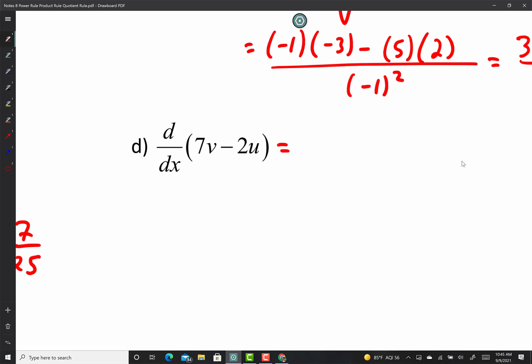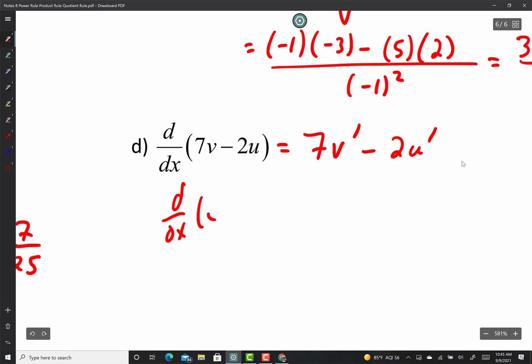If you just see a letter by itself, you just take the derivative, right? So 7v prime minus 2u prime. D dx of y is just y prime. Are we okay, guys? Okay. No?